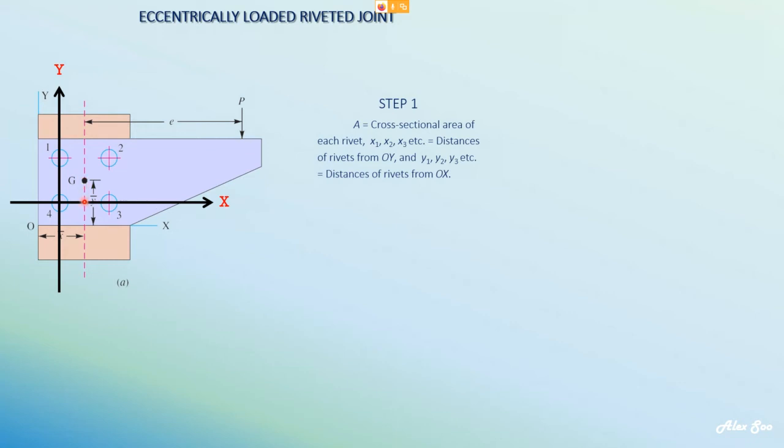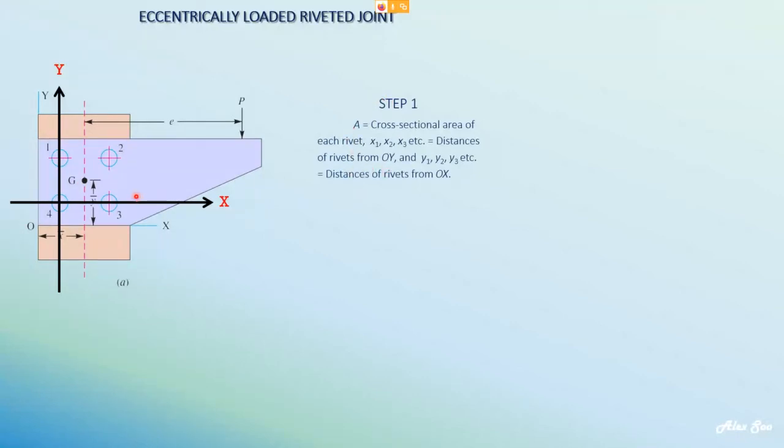And from the reference axis y to the CG point, that should be your x bar. So your x bar should be here and your y bar should be here. Those are the coordinates of the center of gravity. That is your first step.